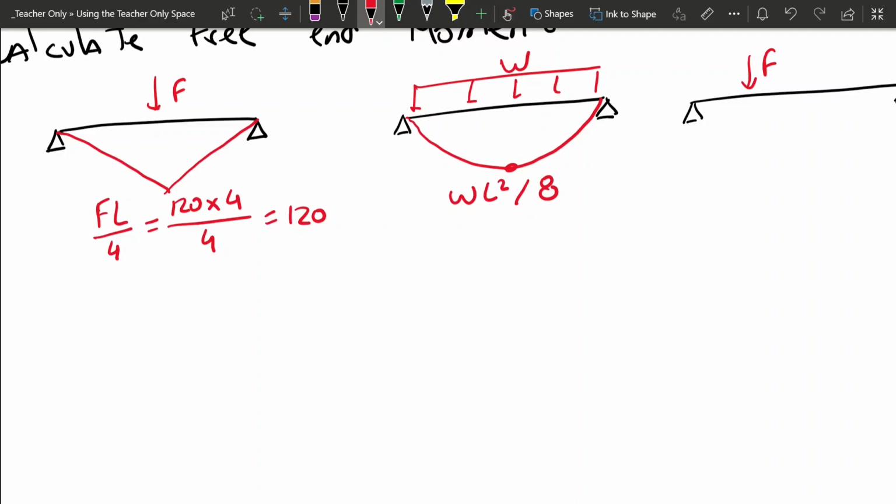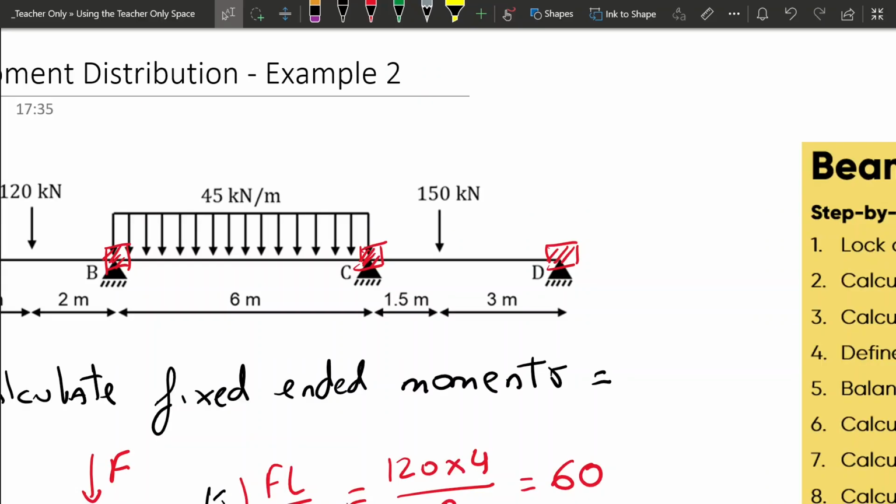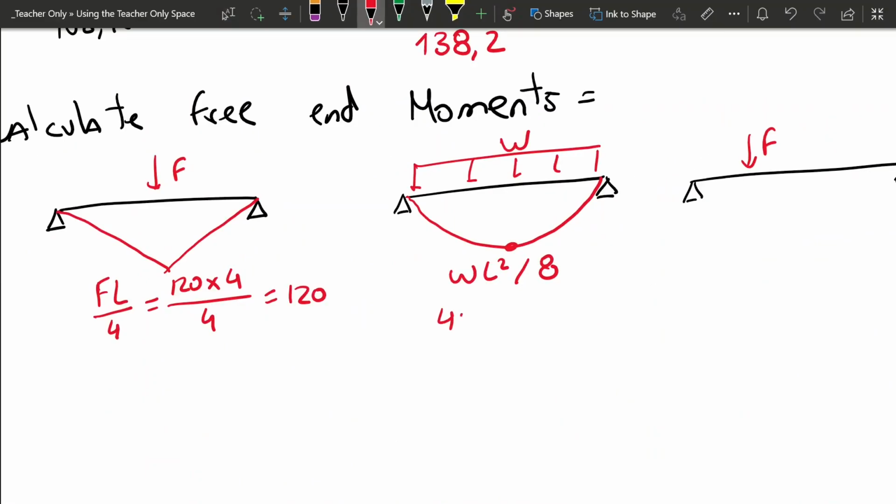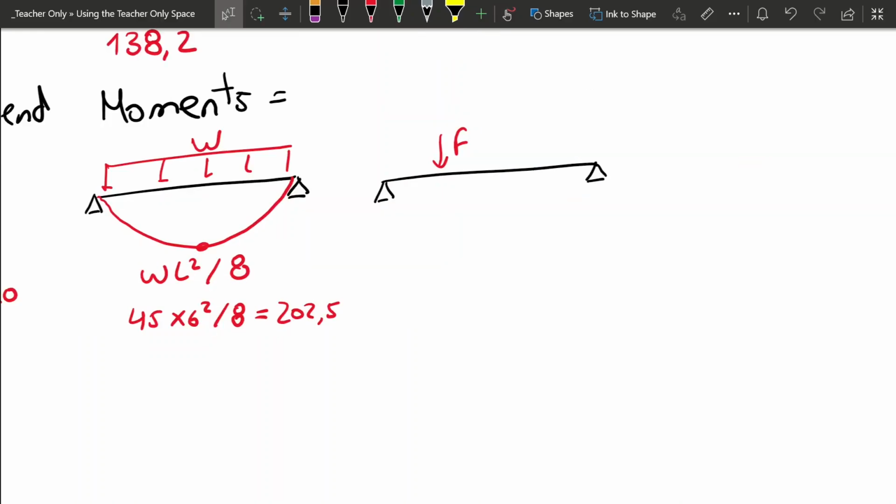Now, with these particular loads, in this particular case, we have UDL of 45 and a span of 6. So this will be 45 times 6 squared divided by 8, and that's equal to 202.5. Finally, when we have a load that is not centered, the easiest way to do this one is to calculate the reactions.